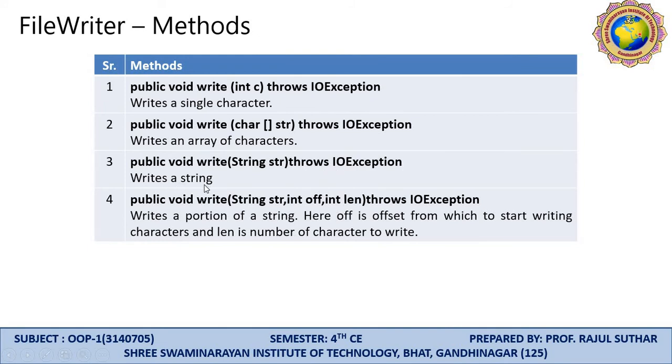So we can write a string, a group of characters. And public void write(String str, int off, int len) throws IOException. So it writes a portion of a string. Here off is the offset from which to start writing characters, and len is the number of characters we want to write. Like if we are working with the characters hello, it will write 5 characters.